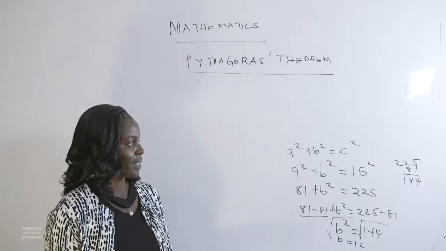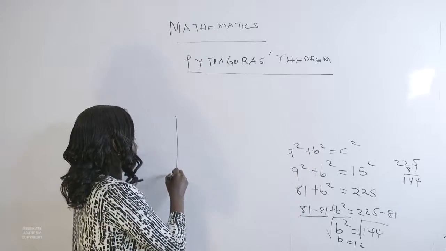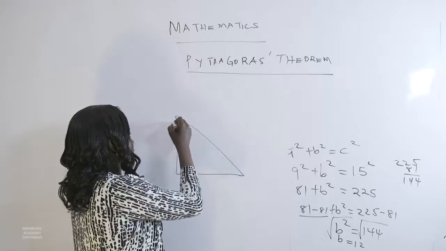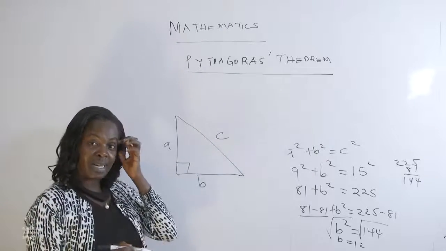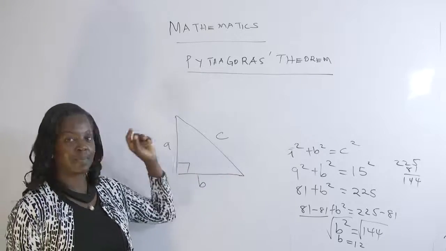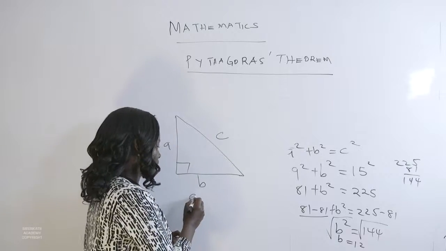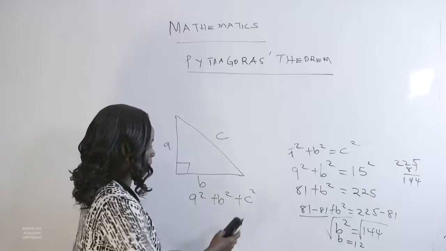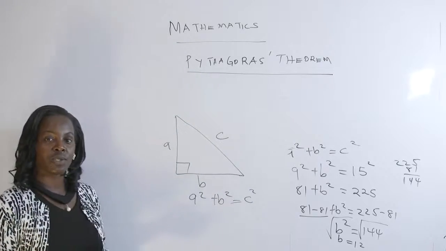So again, you realize that for any side of a right angle triangle measuring A, B, and C, if there is any side that is unknown, then we substitute in our values.